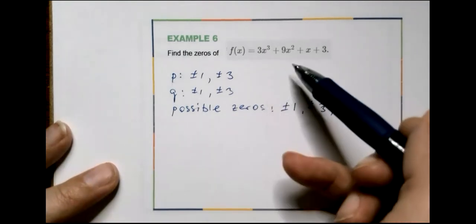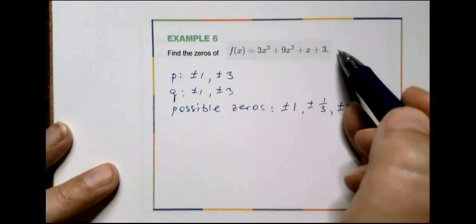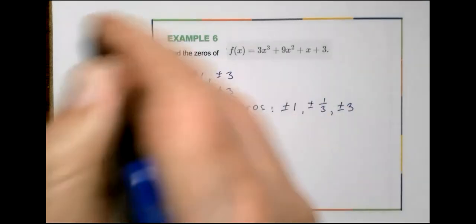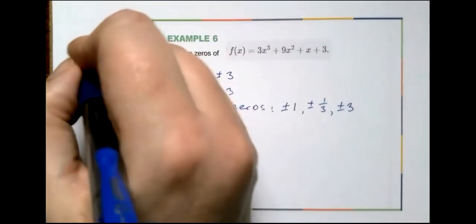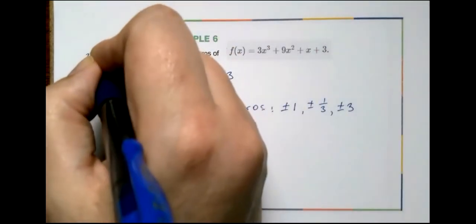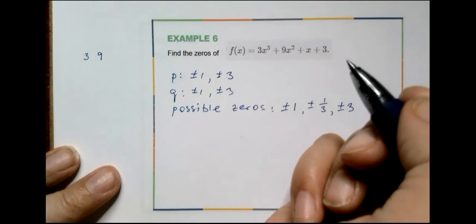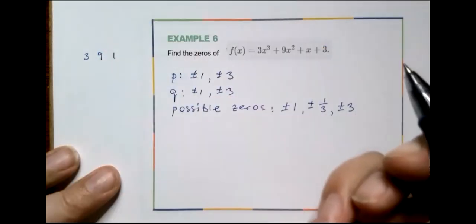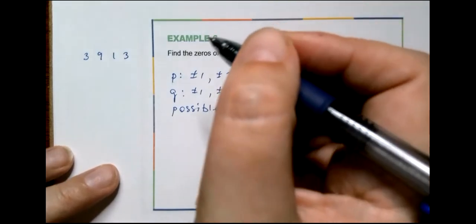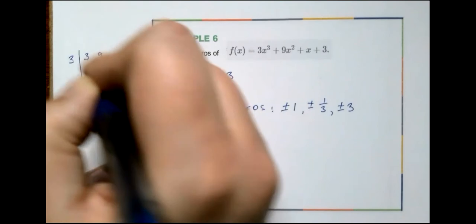Okay, so don't forget to include all of the powers of x. So we have 3 for x cubed, and then 9 for x squared, and 1 for x, and 3 for x to the 0. Okay, so divide by 3.